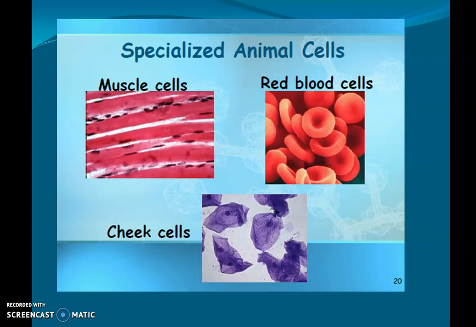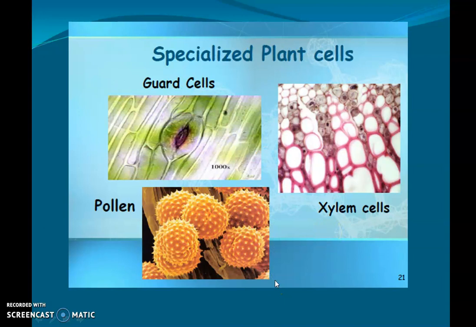It keeps changing its shape, while a multicellular organism has a definite shape. Here, these are some examples like muscle cells, red blood cells, cheek cells, and all. All these have different shapes. These are some of the specialized plant cells: guard cells, xylem cells, and pollen cells. All have different shapes.